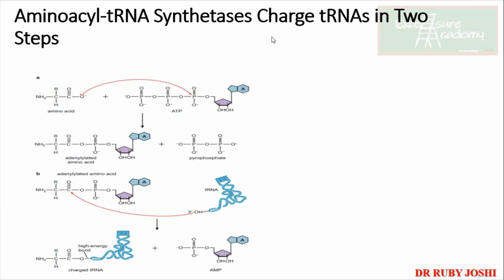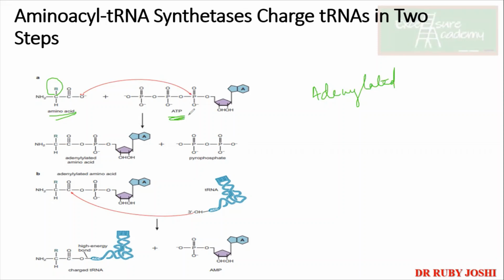Let's see what those steps are, and later we can see how the enzymes actually carry them out. First you have the amino acid. We haven't mentioned which amino acid, so it is kept as R group. Then your amino acid first gets charged by ATP. When you say charged amino acid, it means it is going to get adenylated.